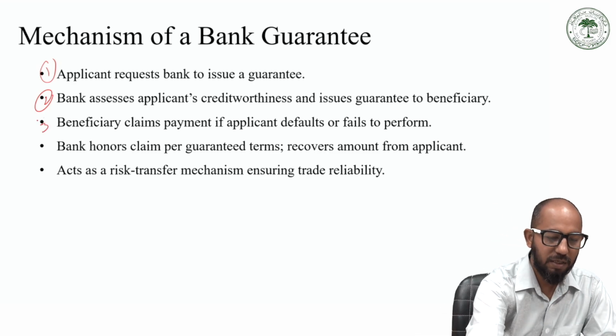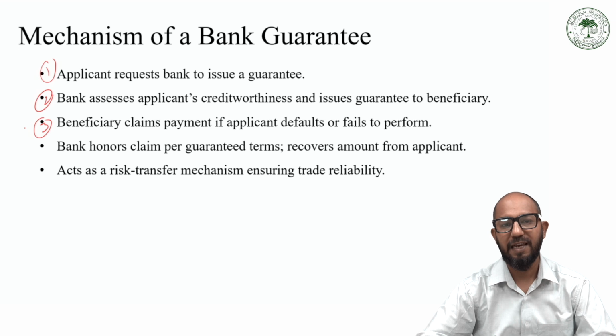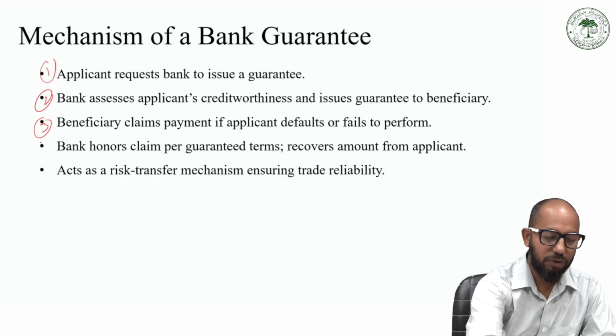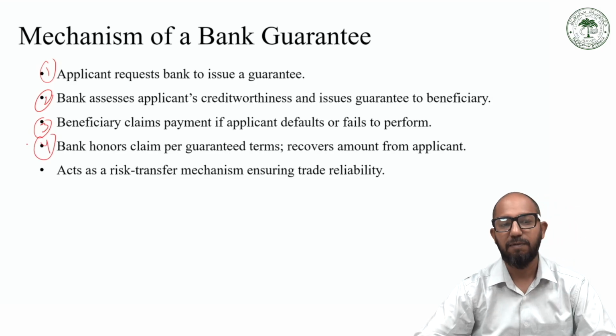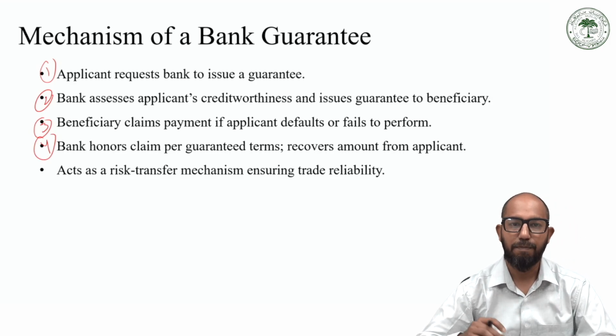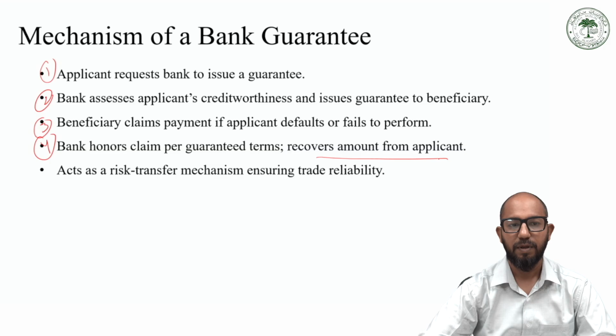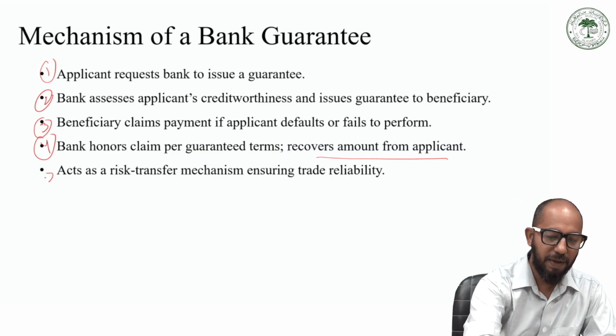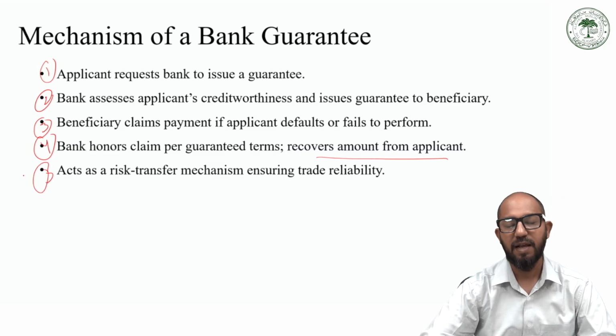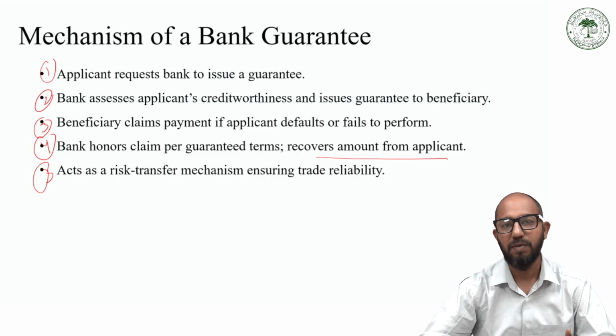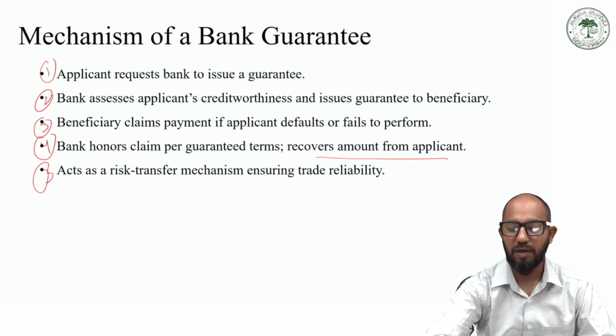The third step is that the beneficiary claims payment if the applicant defaults or fails to perform. The fourth is where the bank honors the claim per the guarantee terms and recovers the amount from the applicant. And finally, the bank guarantee acts as a risk transfer mechanism ensuring trade reliability.